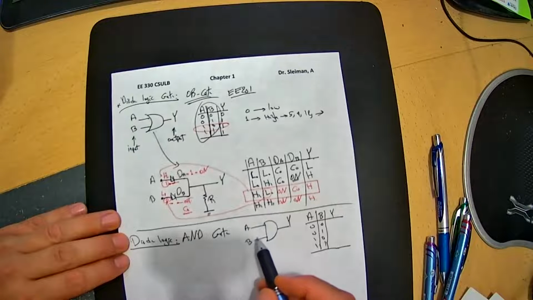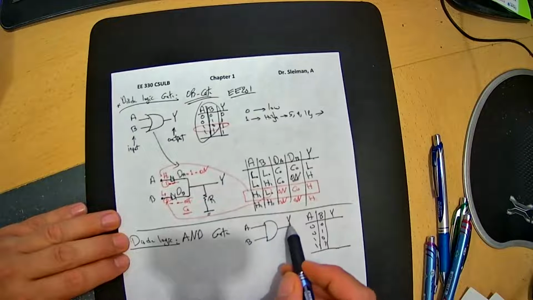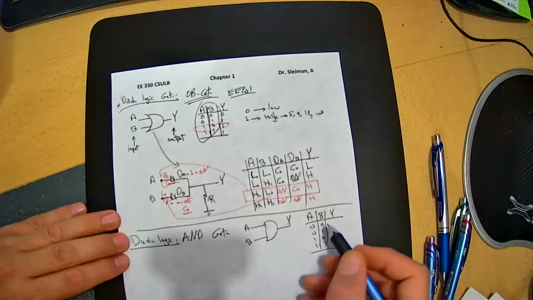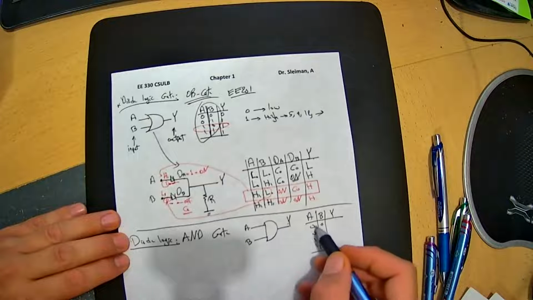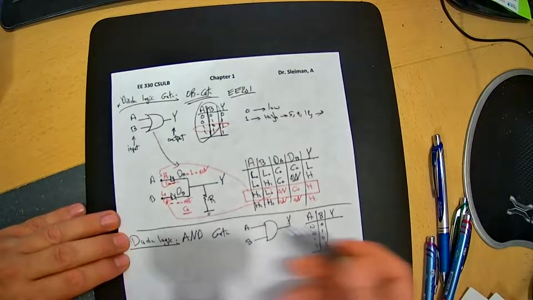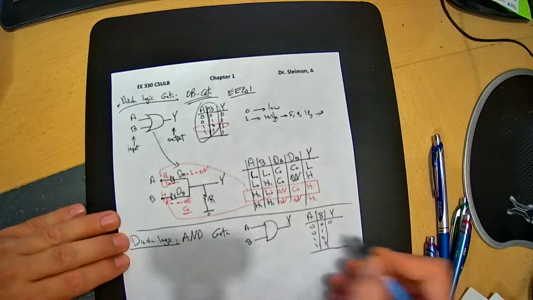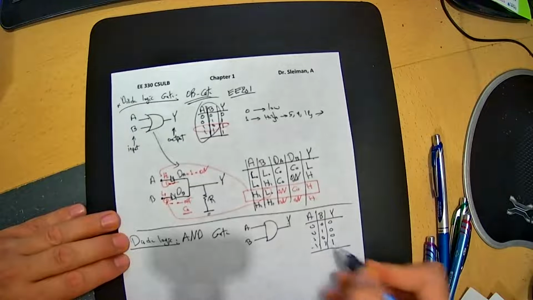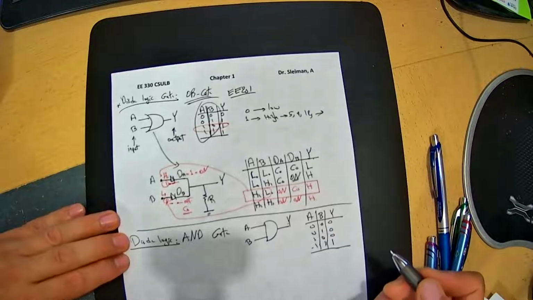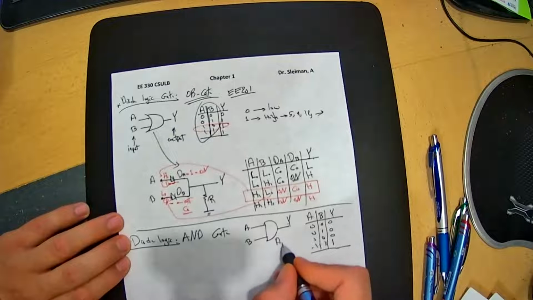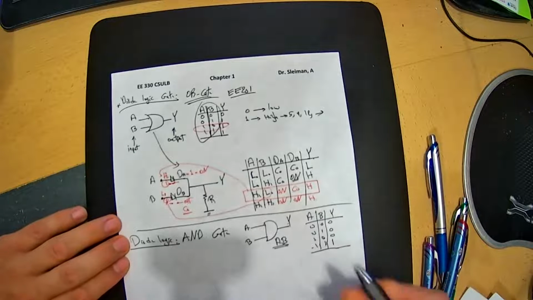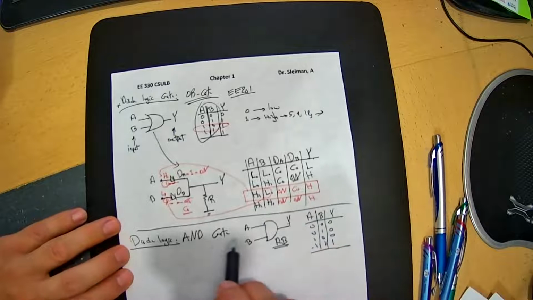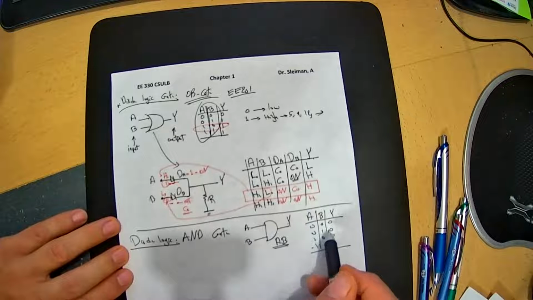A and B both have to be 1 for Y to be on. If you have a 0 in one of them, 0 multiplied by 0 is 0, 0 multiplied by 1 is 0, 1 multiplied by 0 is 0, and 1 and 1 is 1. So this is the logic truth table for the AND gate in digital design.